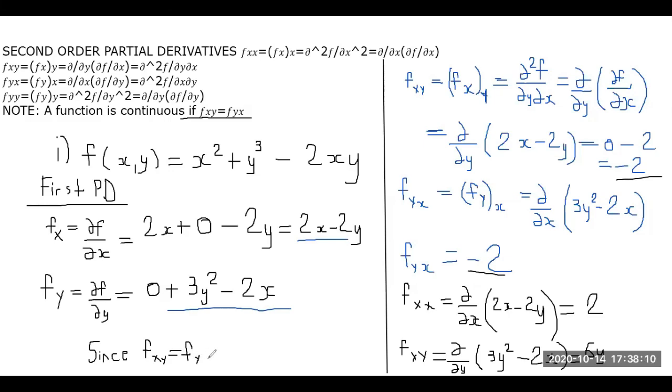So since fxy is equal to fyx, then f is continuous. CONT stands for continuous. So the function is continuous. And that wraps up partial derivatives. Easy.